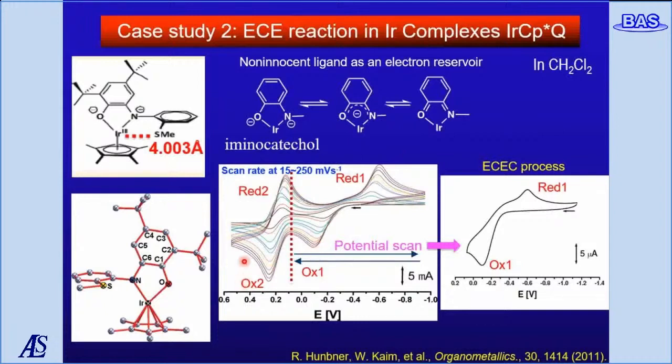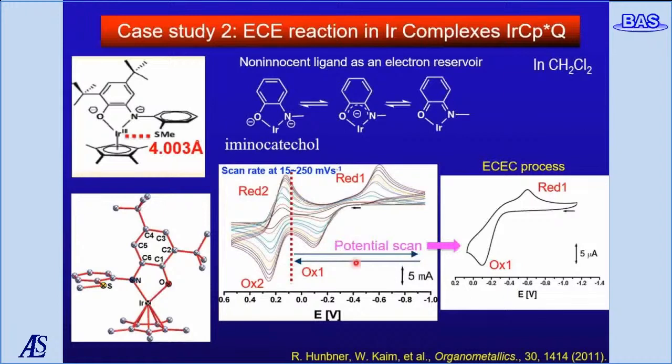When the potential is scanned in the positive direction from -0.0 volt to 0.6 volt, two oxidation peaks at -0.06 volt and 0.3 volt are observed.